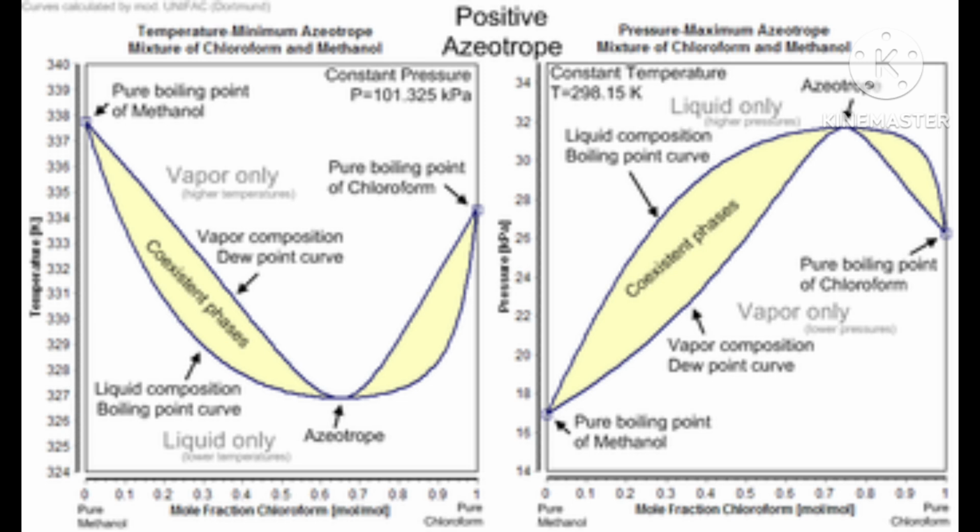This azeotrope shows large negative deviation from Raoult's law and a maximum boiling point. This is called a maximum boiling point azeotrope, and the first one was the minimum boiling point azeotrope.